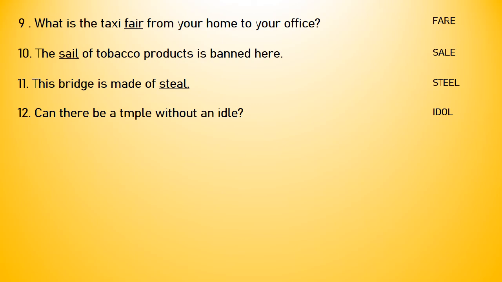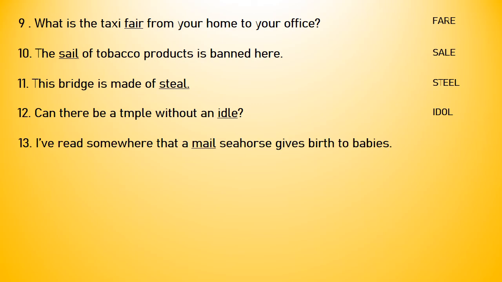So the correct word which is required to be written in this sentence is IDOL, idol. Can there be a temple without an idol? Number 13. I have read somewhere that a male seahorse gives birth to babies. Let me repeat.